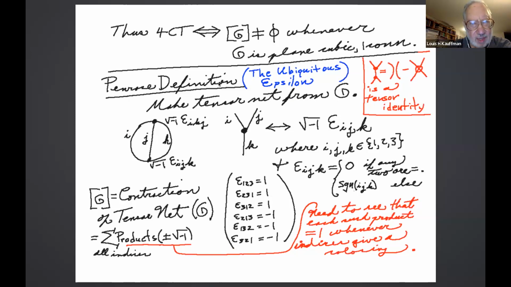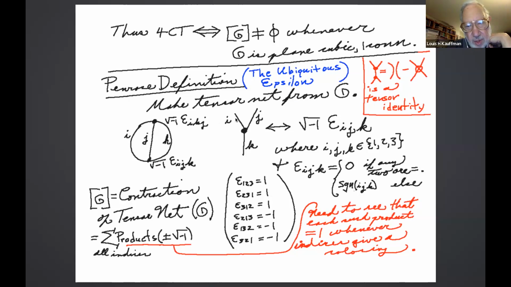Now here is a rather dense slide, which is explaining how Penrose defines his bracket and how he gets the skein relation from it. What Penrose did was associate to every node in the graph a diagrammatic tensor, or as we say these days, he made a tensor network out of the graph.